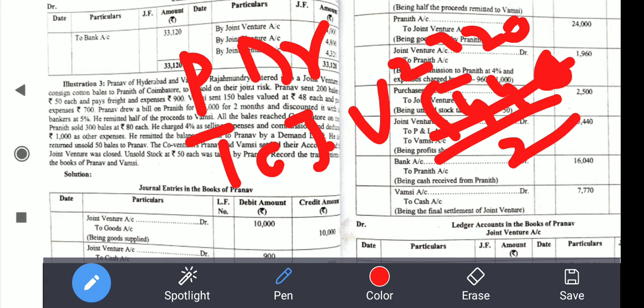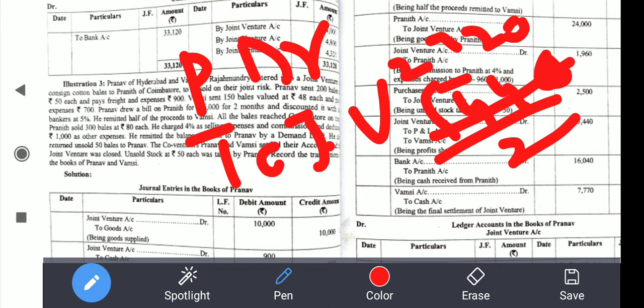Okay. Unsold goods are there, profit and loss account is there, then the received amount. So the co-ventures Pranav and Vamshi settled their accounts and the joint venture was closed. Unsold stock of 50 bales was taken by Pranav. If any amount is there, it should be sent by Pranit.